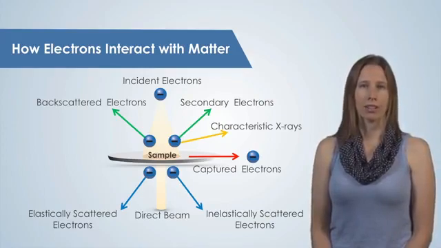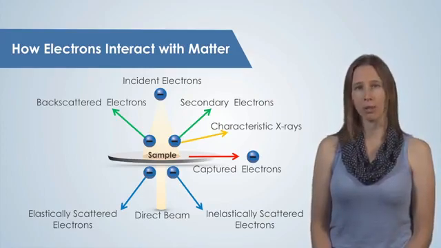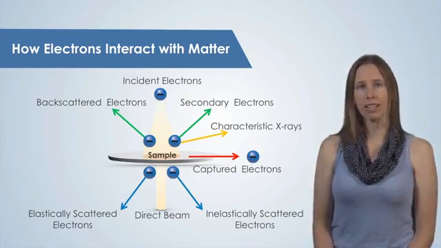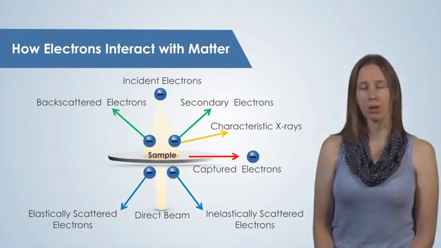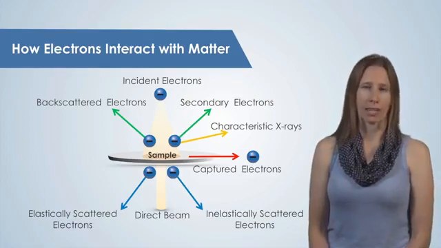Inelastically scattered electrons will change direction and also lose some energy as they interact with the sample. They can be used in a technique called electron energy loss spectroscopy, or EELS, to characterize the atomic concentration of the sample. As you can see, electrons are very useful for a variety of nanocharacterization techniques.